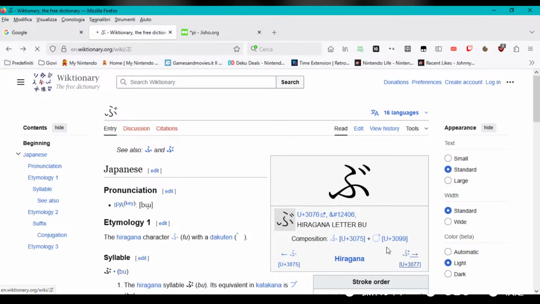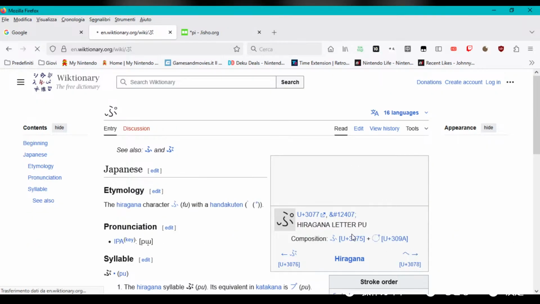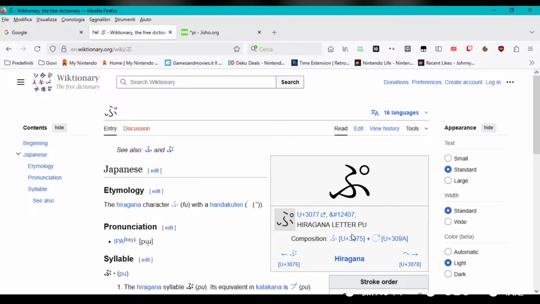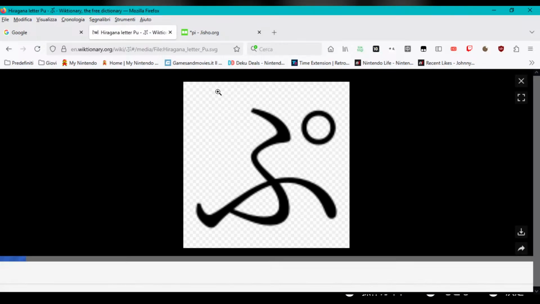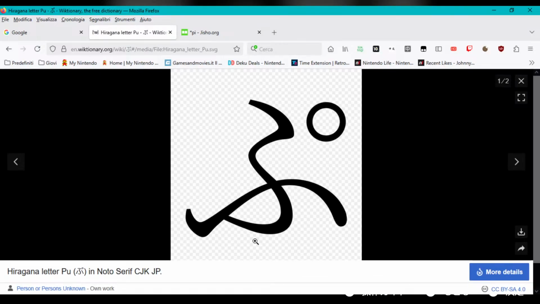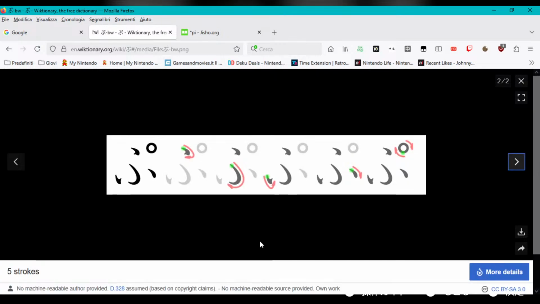We can also add the handakuten to have pu, top to bottom, left to right, and then the handakuten. Again, we see it here, the more common way to write it.